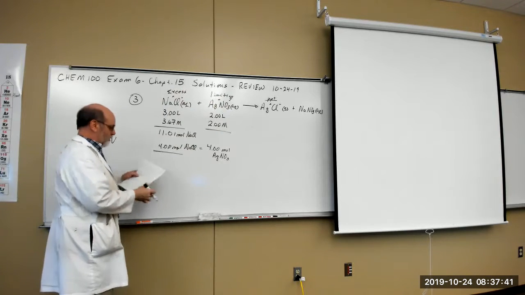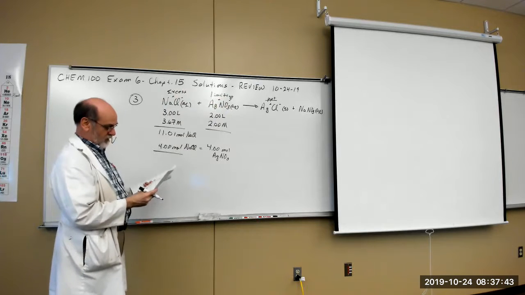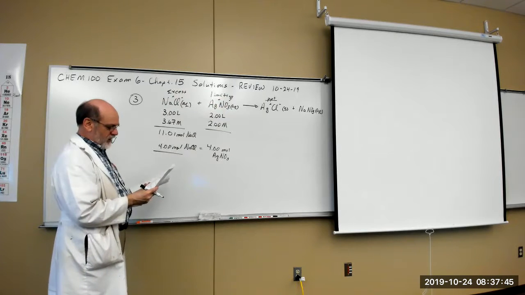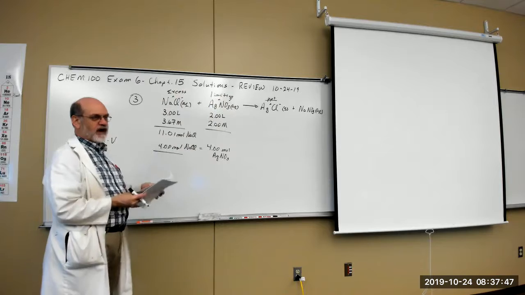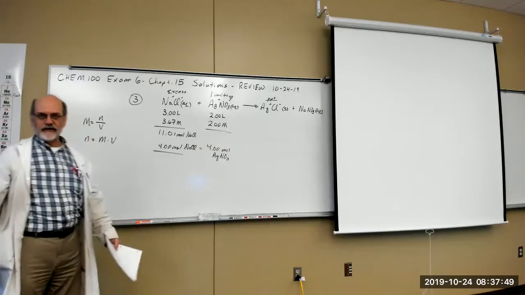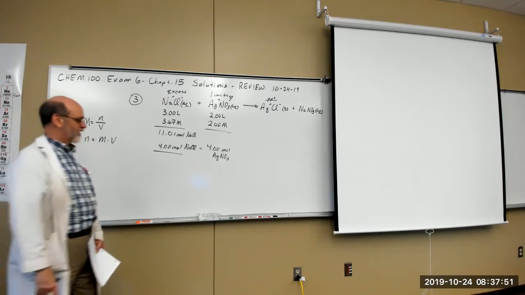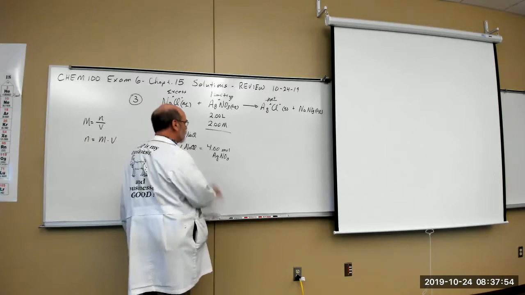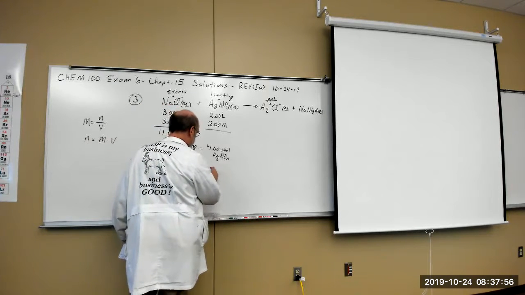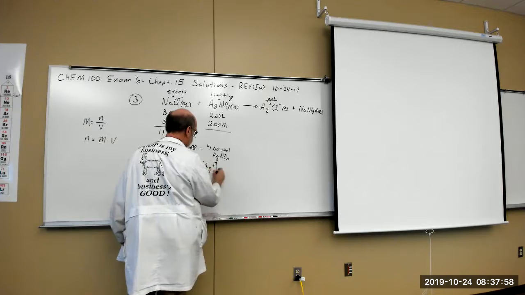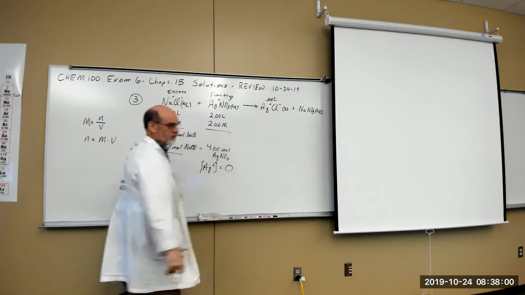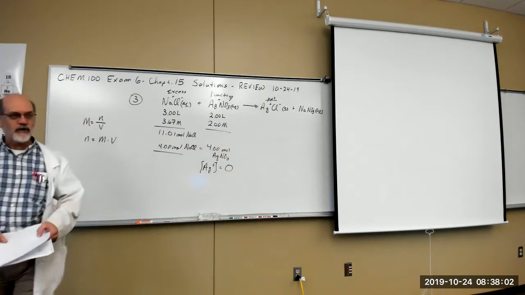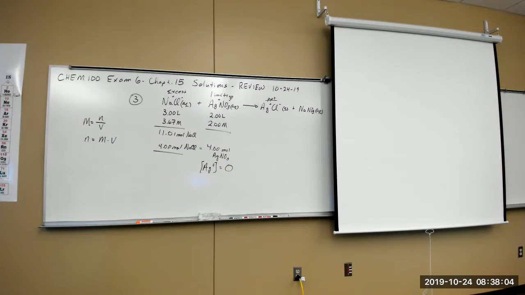Now, what does that tell us for answering the question? Calculate the concentration of silver ions. Do we have any silver ions left over? No, they're all gone. There's no silver left over. So the concentration of silver ions in solution is 0. We have completely consumed all the silver.